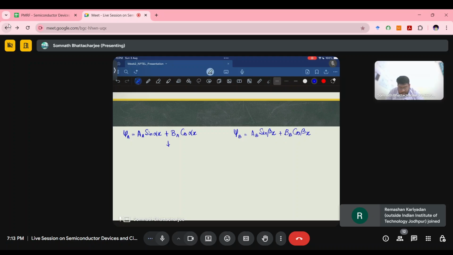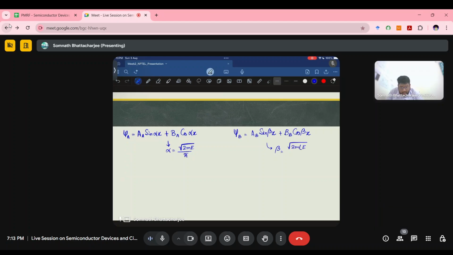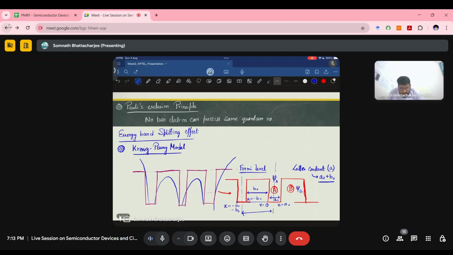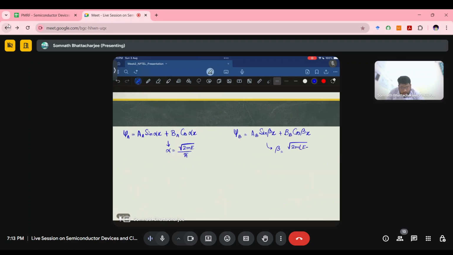So from this we can get that alpha equals root over 2mE by h cut, while from this we can get beta equals root over 2m(E minus, if we consider this as, let's say, U equals 0, so we can consider this point as U equals U naught) so this will be E minus U naught, the energy of the well, divided by h cut.